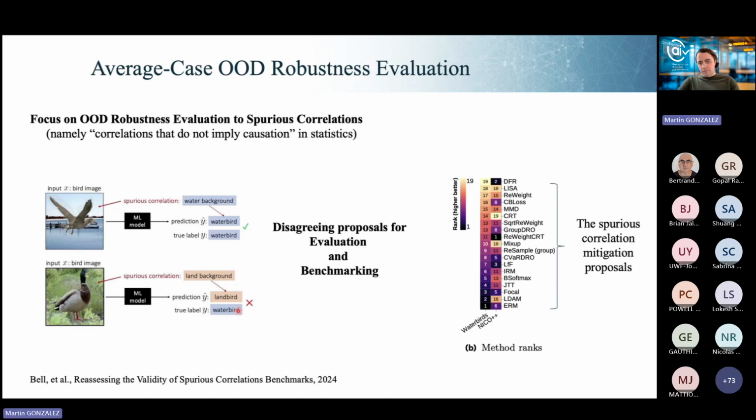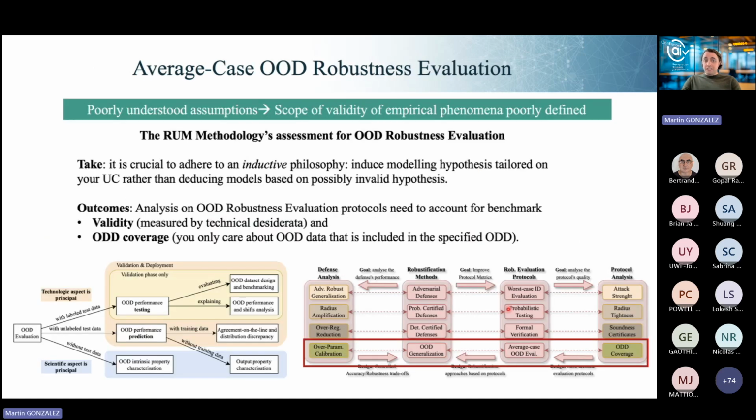If you take the leaderboard of Waterbirds, and then you take the same techniques and evaluate them on NICO++, both of which are supposed to be standards for benchmarking mitigation proposals for spurious correlations, you can see that it resembles nothing more than a random shuffle. So this is a problem, right?